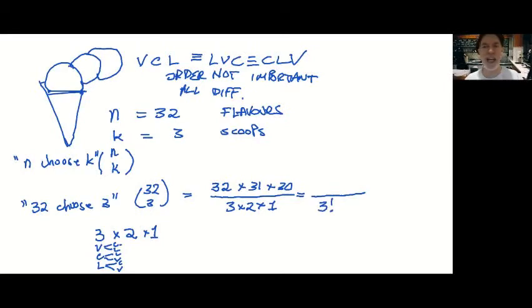Now, 3 with the exclamation point, which I always kind of want to read as 3 or 3. All right, and that just means 3 times 2 times 1. So if I had 32 factorial, that would be 32 times 31 times 30 times 29 times 28 times 27. Okay, so that would be overdoing it.